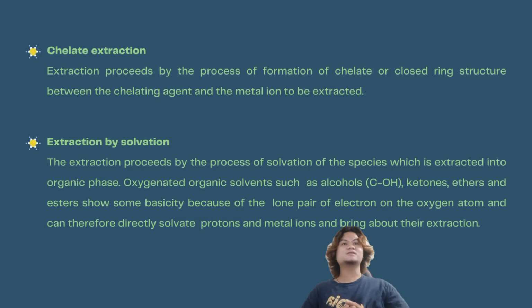Oxygenated organic solvents such as alcohols, ketones, ethers, and esters show some basicity because of the lone pair of electrons on the oxygen atom and can therefore directly solvate protons and metal ions and bring about their extraction. Examples are the extraction of uranium with tributyl phosphate from nitric acid, and the extraction of iron with diethyl ether from hydrochloric acid.